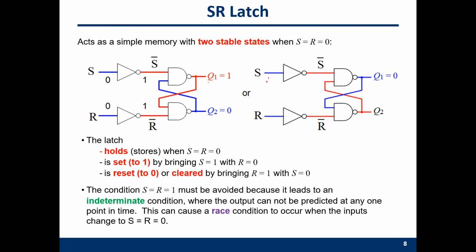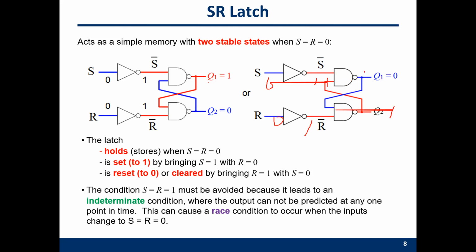Again, if S is 0 and R is 0, because these are two NOT gates, this is 1, and this is another 1. If Q bar is 1 and Q2 is 1, 1 and 1 is a 1.